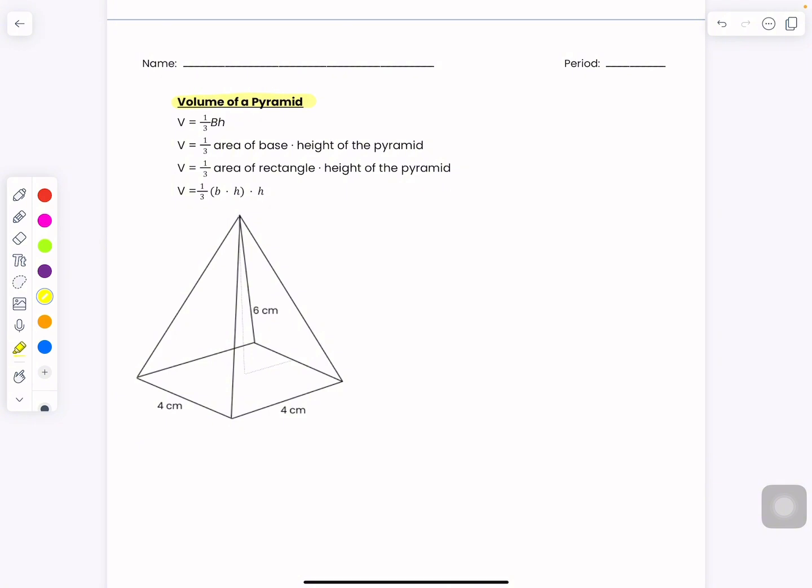So in this case, we have 1/3 big B times H. Remember, big B is referring to the area of the base. In this case, we have a pyramid, and it happens to be a square pyramid because we notice that the base has equal side lengths. They are congruent.